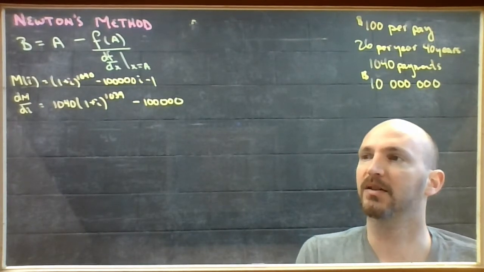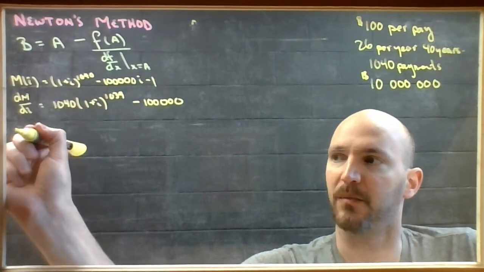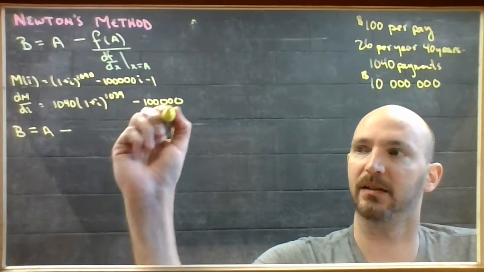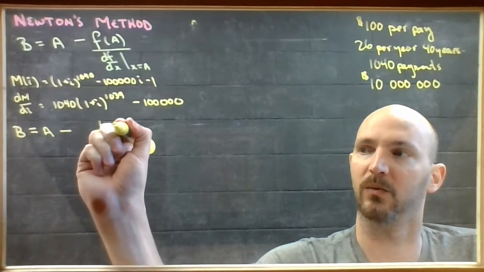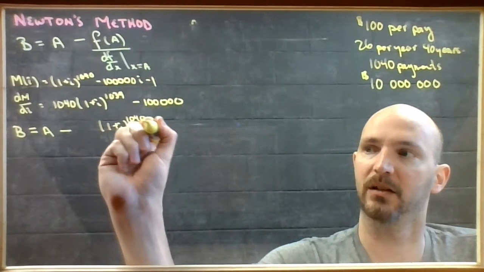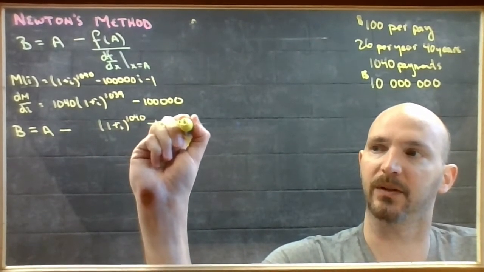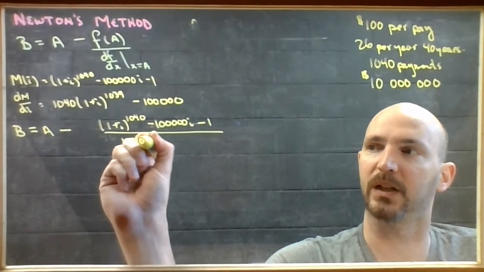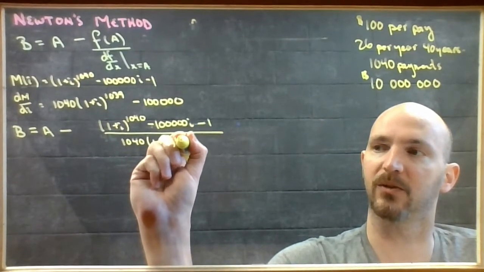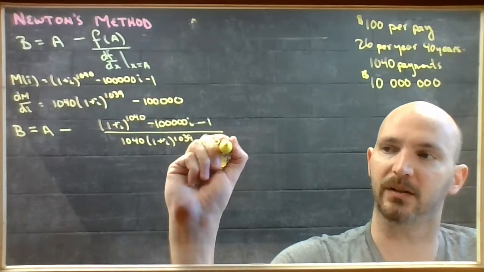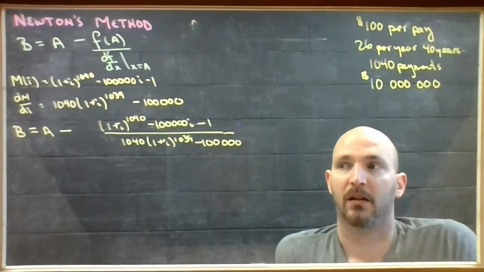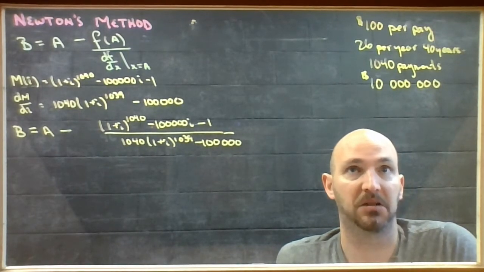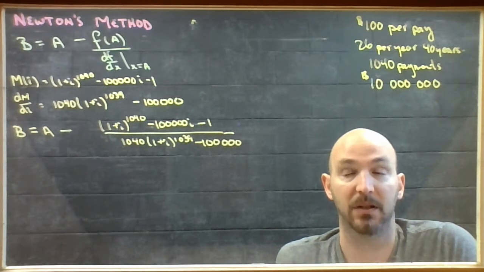Okay, so my Newton's method then, my next guess would be my first guess, subtract this number here: 1 plus I to the 1040 minus 100,000 I minus 1, over 1040 times 1 plus I to the 1039 minus 100,000. Okay, so let's take a guess. 10%, maybe?